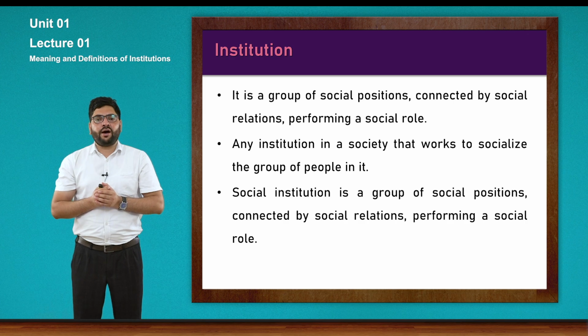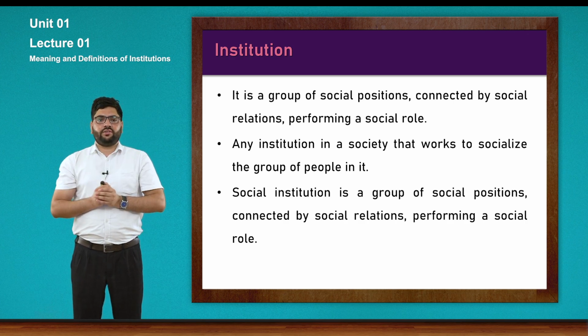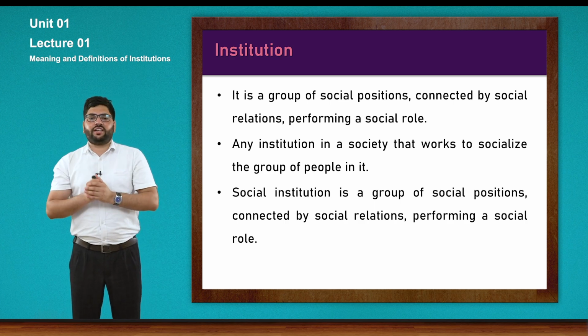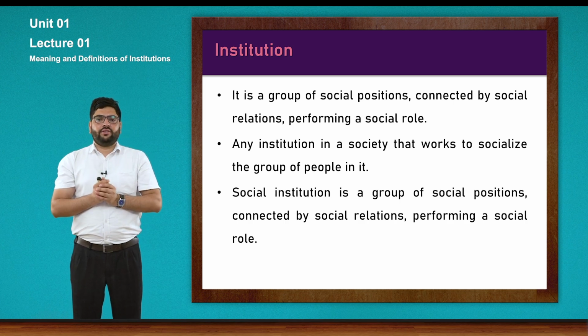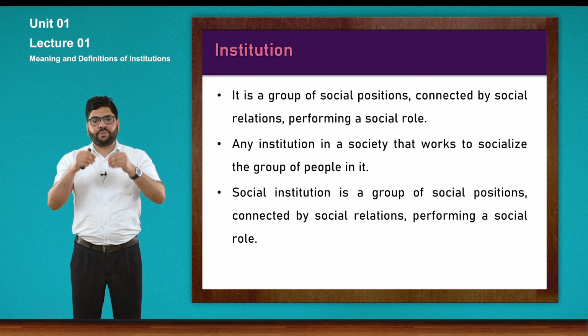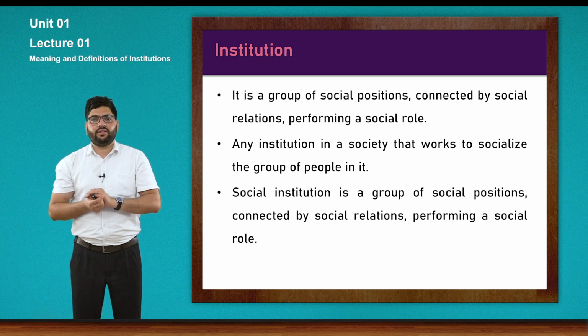If we take the example of, say for example, a university, we have the post of chancellor there, we have the post of vice chancellor there, we have the head of the faculty, we have the head of the department, we have the head of the school. So those persons who are occupying that very place, we call it as social position.